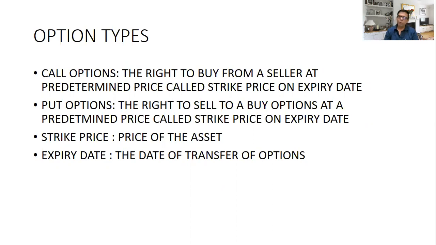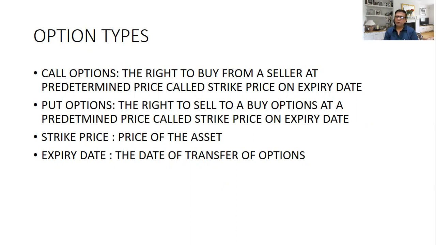It can even apply to commodities like oil, steel, copper. So options are basically predicting whether the asset will go up or down. Call options are the right to buy. Put options are the right to sell a particular asset at a price on an expiry date.